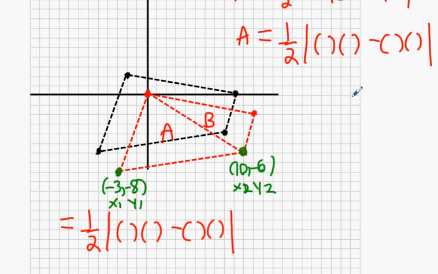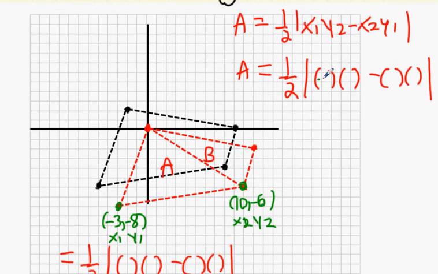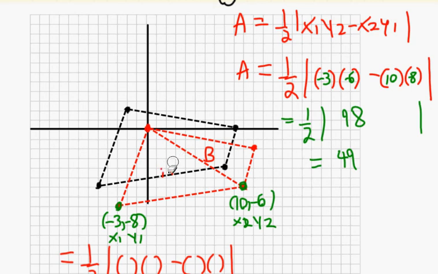Now, what we're going to get next is x1 y2, and after that, 10 minus 8 is correct. Put it into the calculator, and it's going to be a half of what? 98. Good man. Half of 98 is 49. Area A is 49.